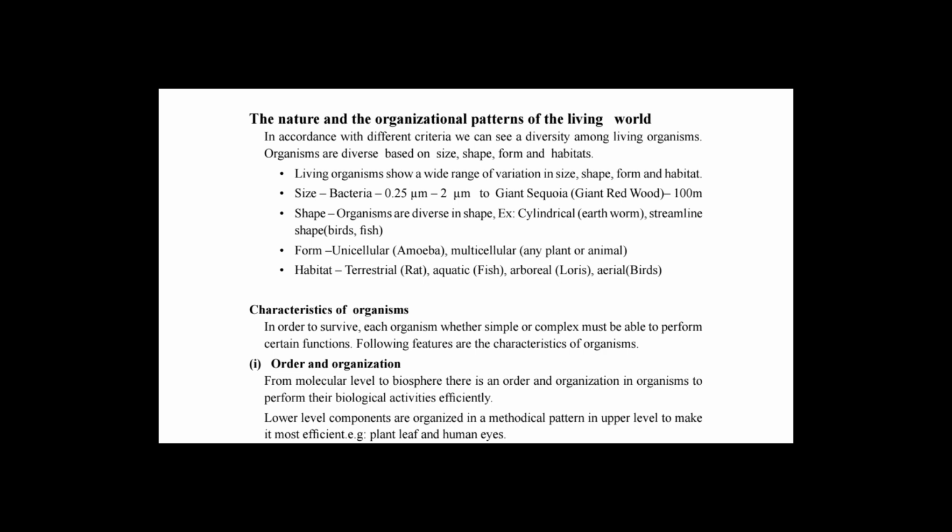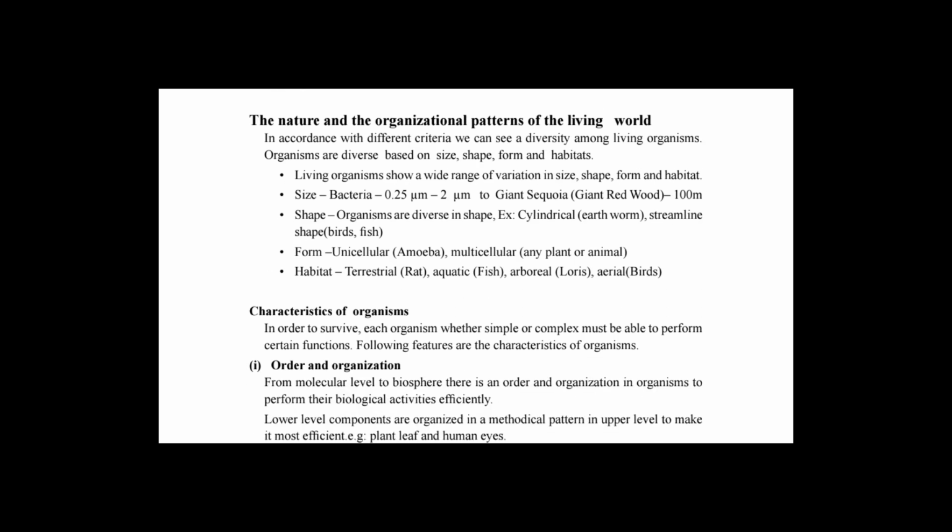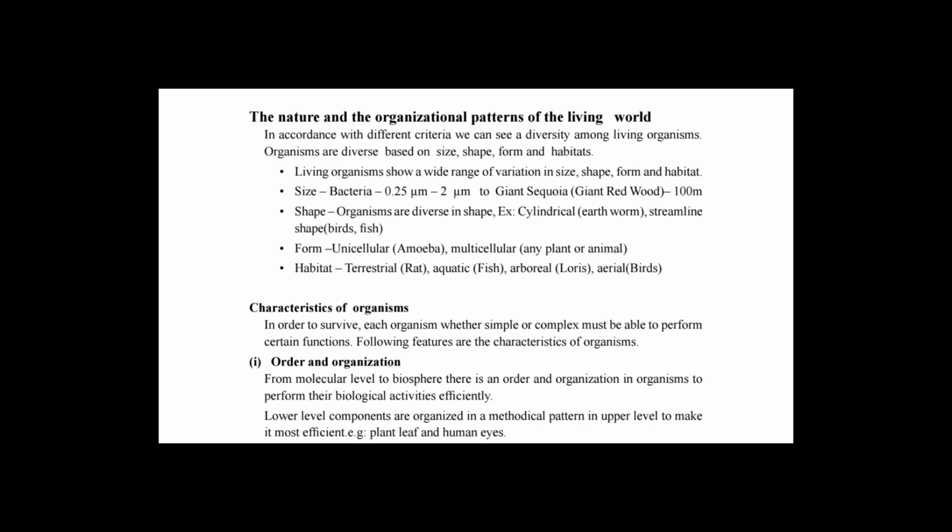The next thing is the shape. Organisms are diverse in shape. There are some examples. Cylindrical shapes are there; the earthworm has a cylindrical shape. Streamlined body shapes are there; birds and fish have a streamlined body shape.